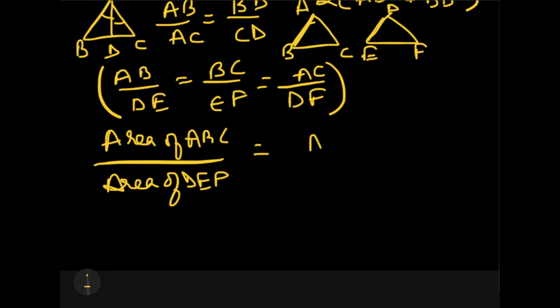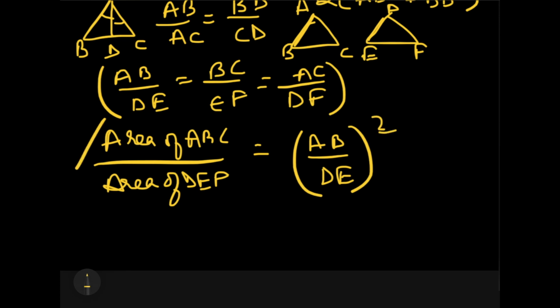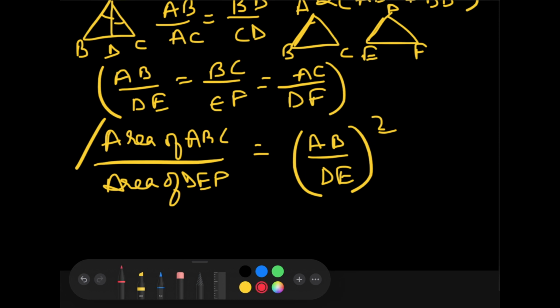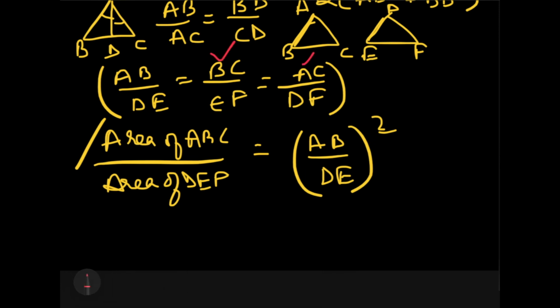Take any one side, let me say AB upon DE, whatever will be the ratio, square that ratio and you will get the area ratio. And this is applicable equally to all the sides. You can go for BC and AC as well, and this will give you the same answer. So this is something which will help you in the similarity of triangles. Okay. And I think this is more than enough for you people to revise the geometry calculations.